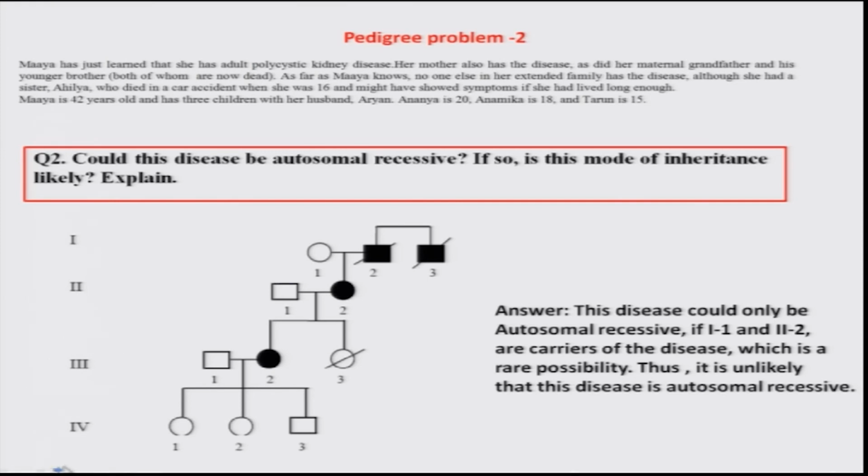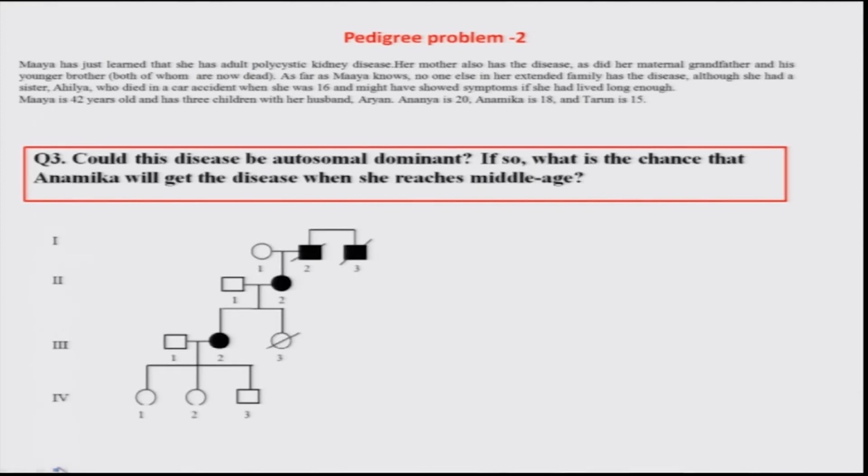Now, let us look into the third question. Third question is, could this disease be autosomal dominant? If so, what is the chance that Anamika will get the disease when she reaches middle age? Suppose the second daughter of Maya is Anamika, that is 4, 2.